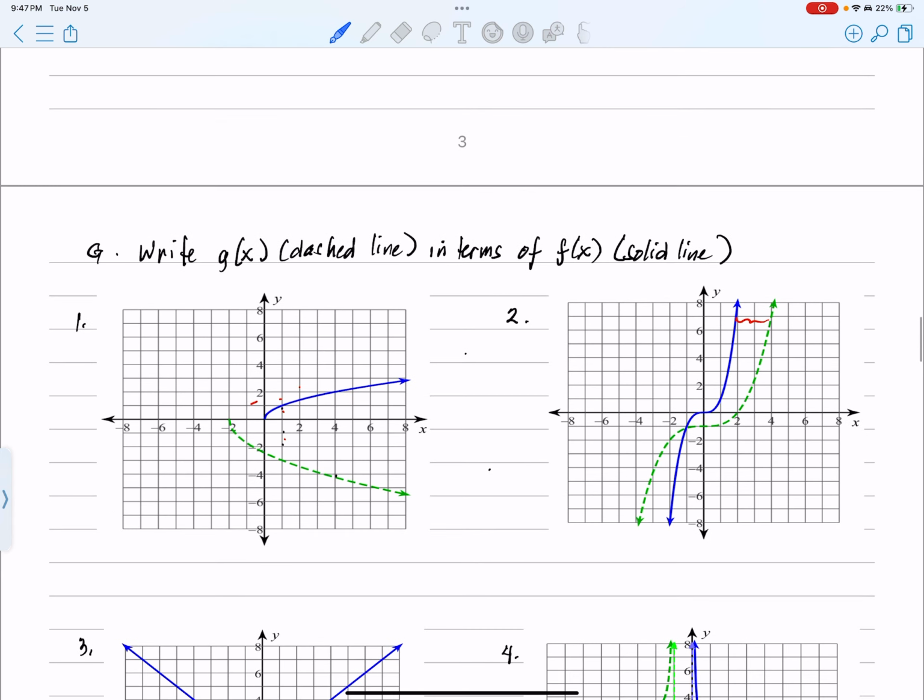All right, let's do this. Write the g of x. That's the dashed line. All right. Write the g of x in terms of f of x. That's the solid line. Okay, let's look at this.